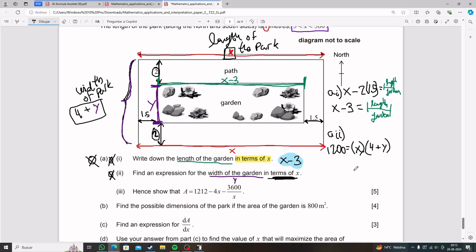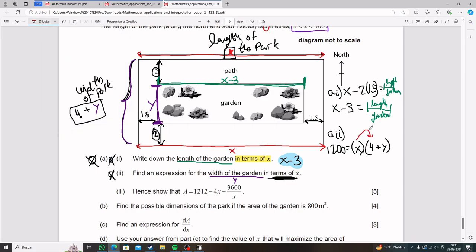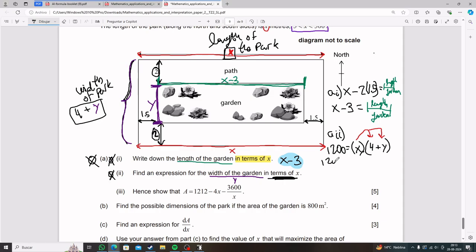And from here, you need to get y alone. I guess there's a couple ways to solve this. I don't know what's the quickest way. Well, the most intuitive way for me, at least, is first you distribute. So if first you distribute, you end up with 1,200 equals 4x plus xy.